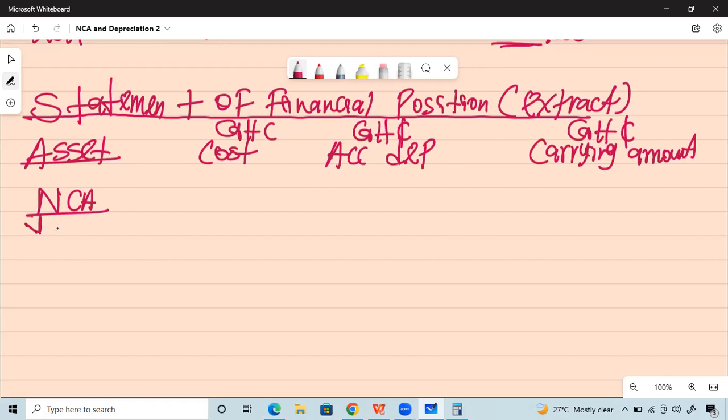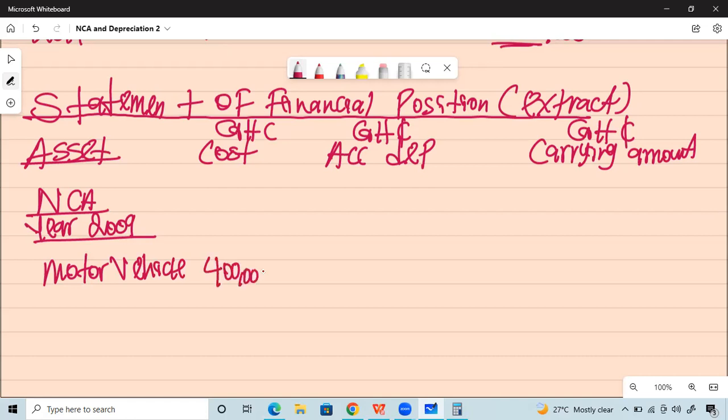So we can say year 2009, motor vehicle. The cost is 400. And the depreciation is 100. This will automatically be 300 at the end of the year.